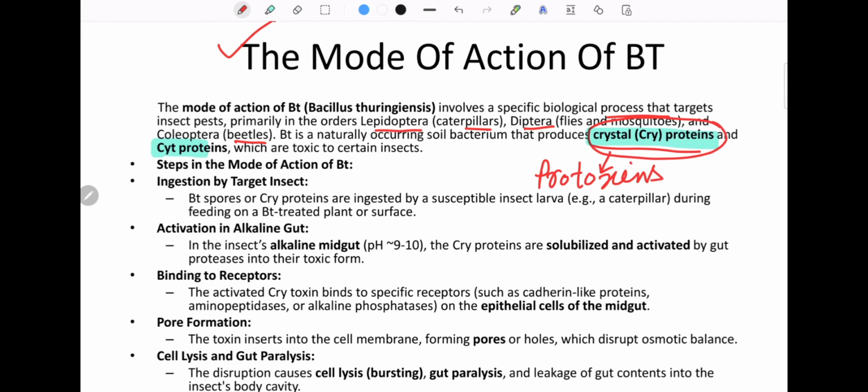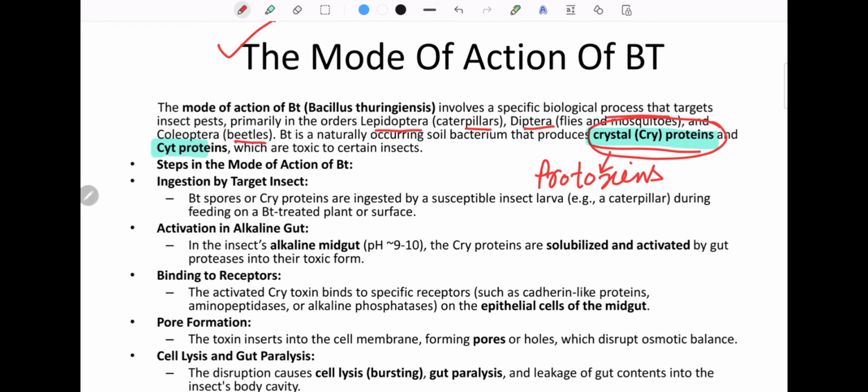But once an insect ingests it, the inactive toxin is converted to its active form due to the alkaline pH of the gut, which solubilizes the crystals.